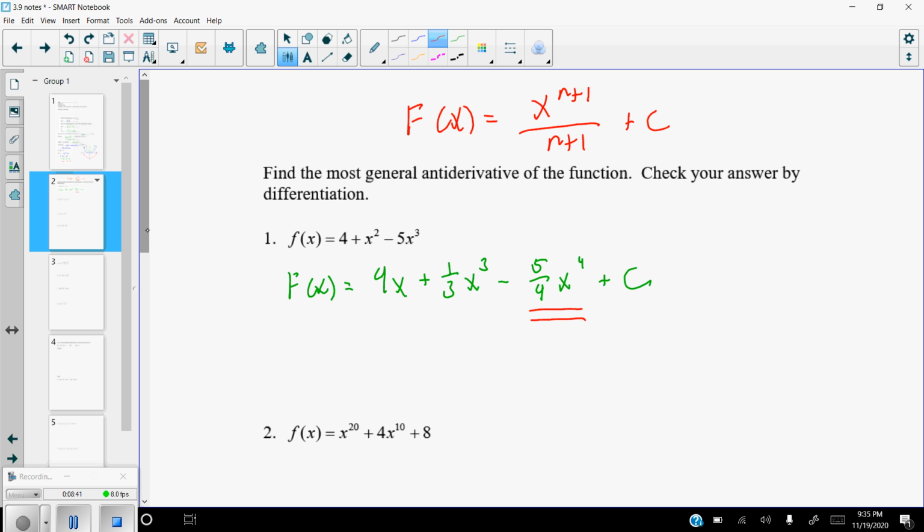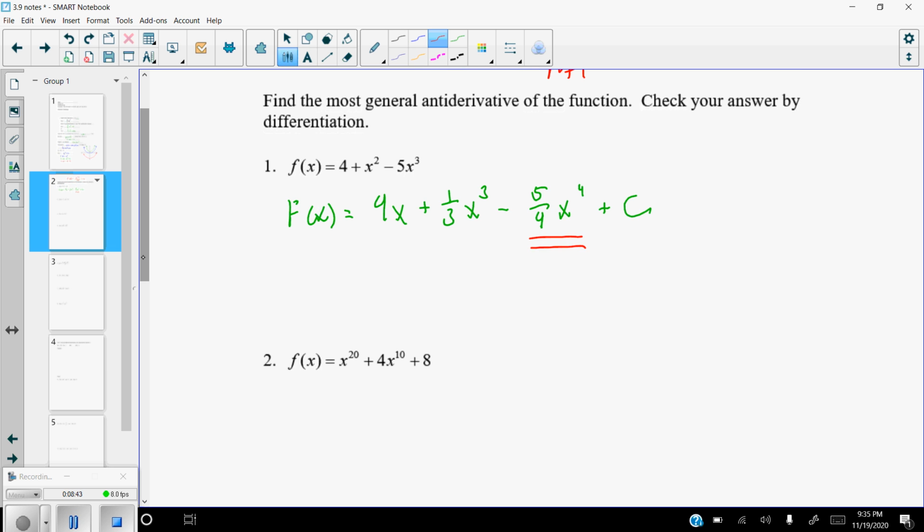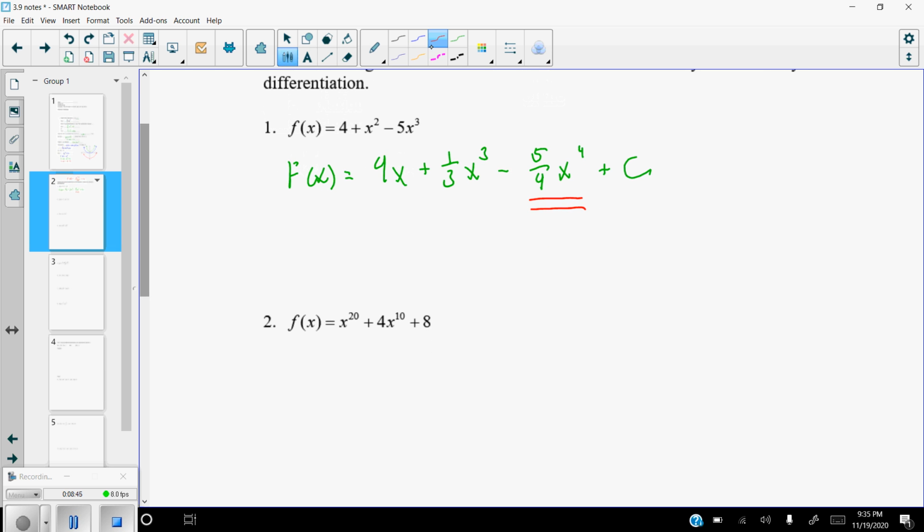So now let's see if we can work it out with the next one. Again, this is really not that difficult to do. So in this case, our antiderivative is going to be capital F of x equals, if I add 1 to the exponent, and then I divide by the new exponent, which is 21, I could write it like this, and that's perfectly acceptable.